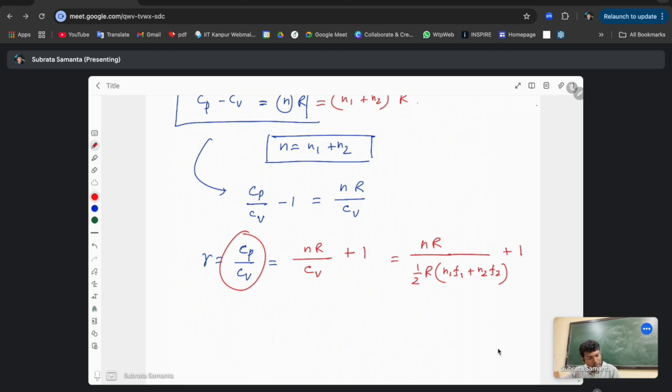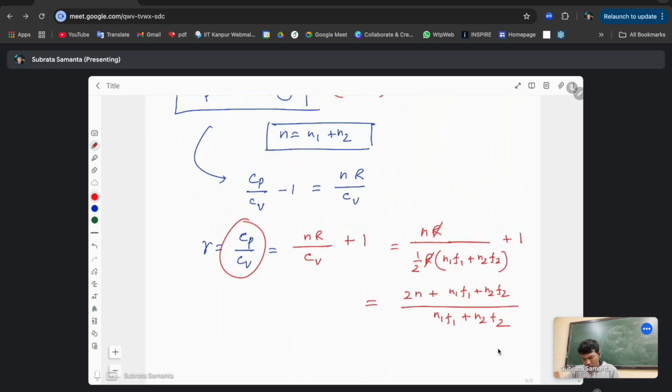So that means it's basically (2n plus n1 f1 plus n2 f2) divided by (n1 f1 plus n2 f2). So R is cancelled.